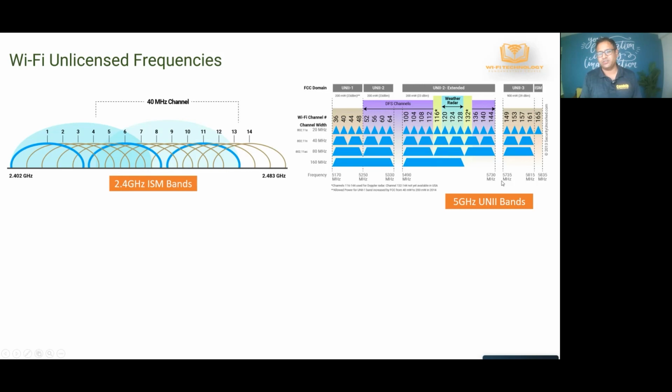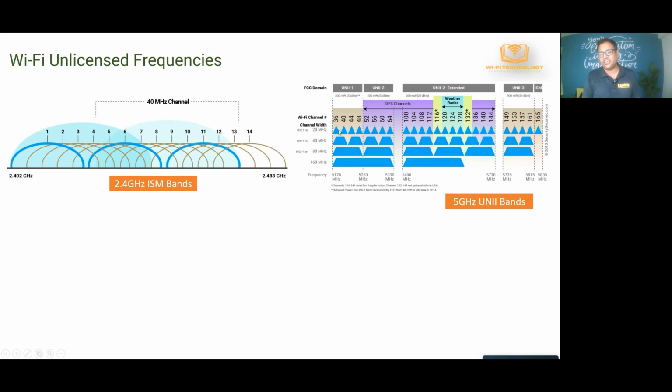So it's close to 600-something megahertz of spectrum that was opened up for unlicensed use. Again, that spectrum is broken down into channels, and you can have individual access points and devices communicate over multiple channels. Just like the 2.4 gigahertz band was broken down into 11 or 14 channels, of which 3 are non-overlapping, similarly, in the 5 gigahertz spectrum, you have a number of non-overlapping channels.